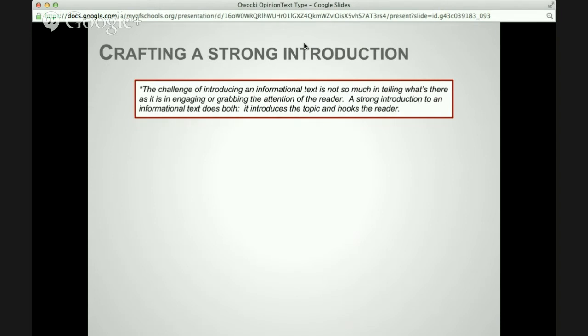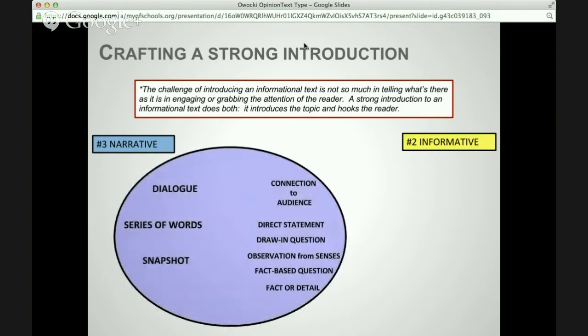Crafting a strong introduction. We've seen that twice before. That same element is in teaching narrative text type and in teaching informational text type. And we know that introductions are, number one, important to grab the reader, but we learned in informational that it also introduces the topic.